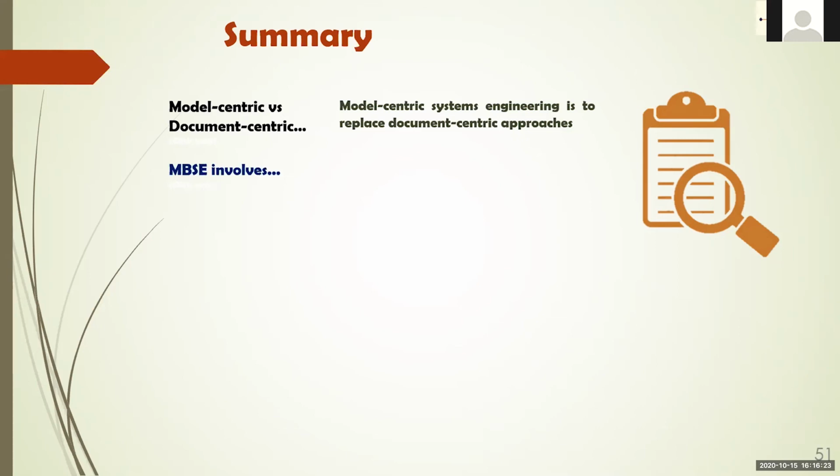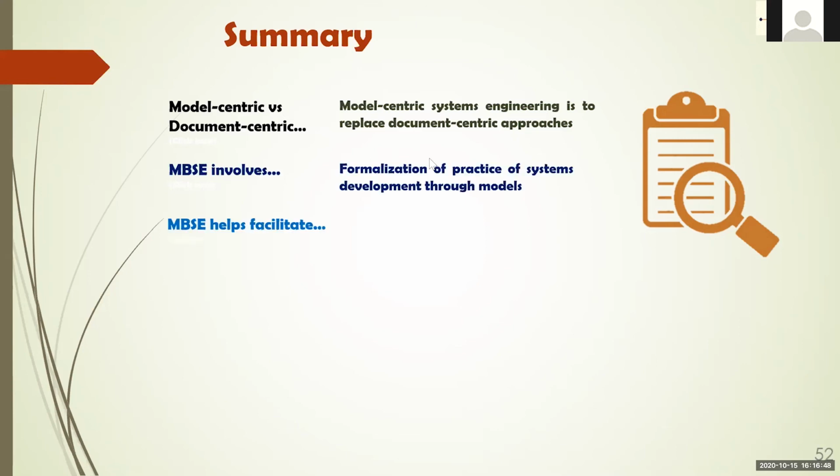In model-centric, the pieces that you are building in the models are saved as elements. And some of those elements might help you build more than one model, more than one part, or have different views of one of the components. Okay, so that's where the power comes from in model-centric.